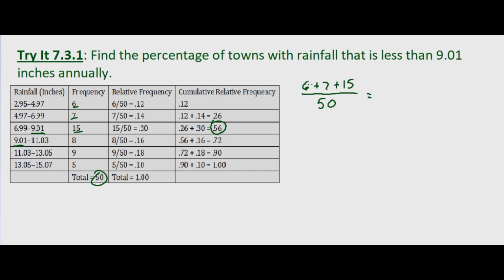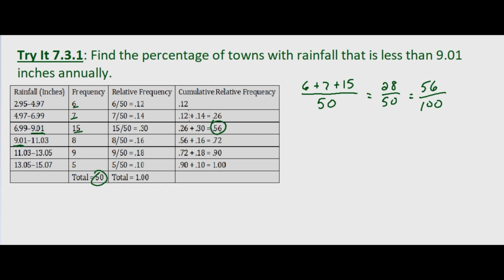So 6 plus 7 is 13, plus 15 is 28. That's 28 out of 50, which is the same thing as 14 out of 25, or the same thing as 56 out of 100, which verifies 56%. And we could have done what they did for relative frequency, but they already did it in the previous rows.